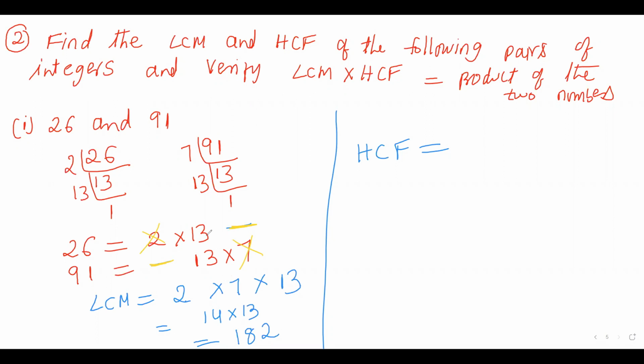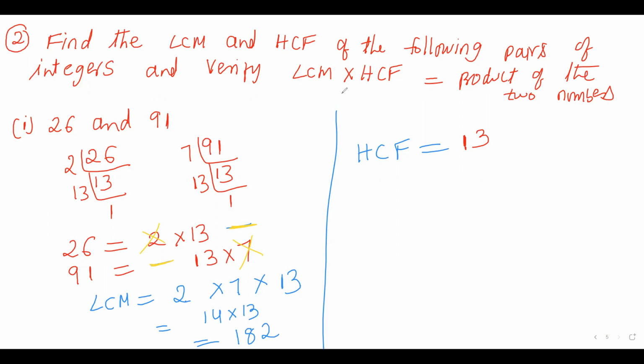Fortunately, in this case, both are same, 13, 13. Both are 13, so any one you can take. Generally, we take the smaller one. Since both are same, I am taking 13. So I got LCM as 182, HCF as 13.